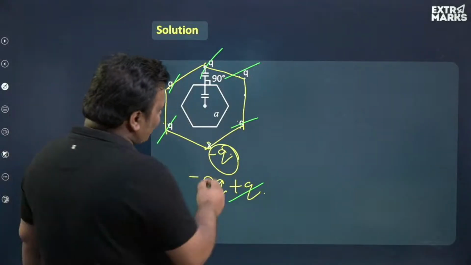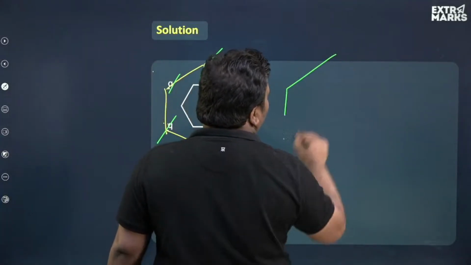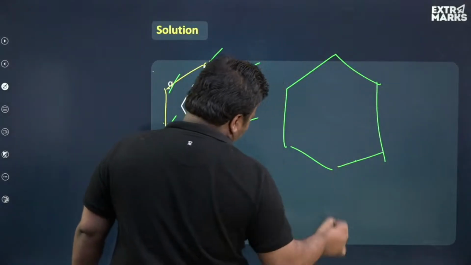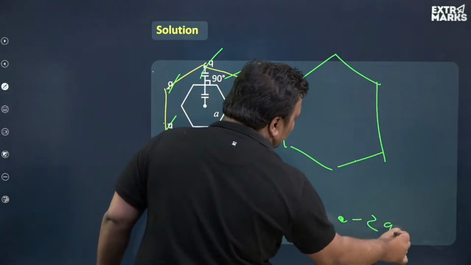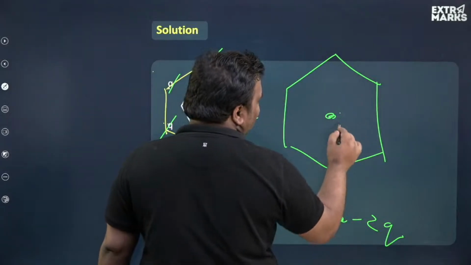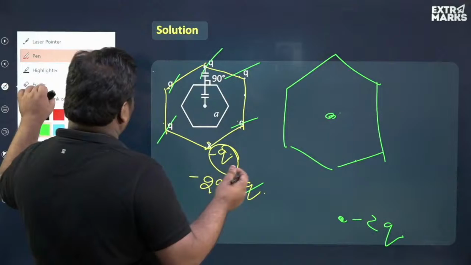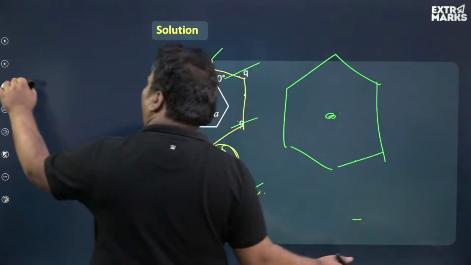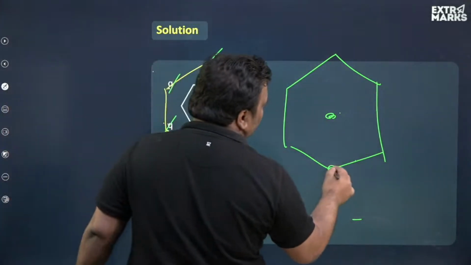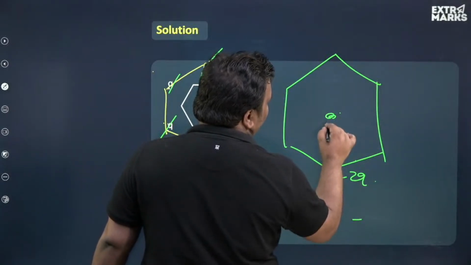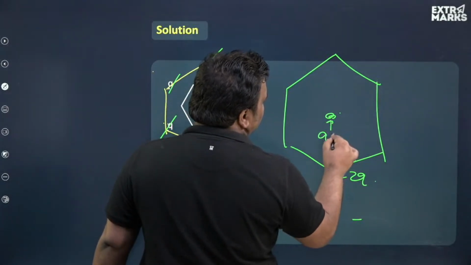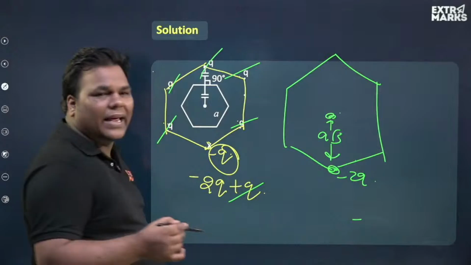So what will I have? From the center of this hexagon, I have only charge minus 2Q left. And the distance from the center will be A root 3.